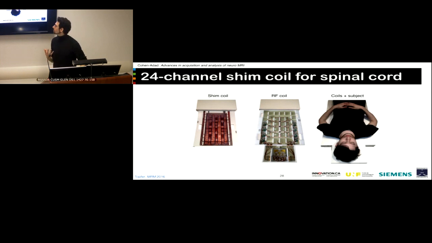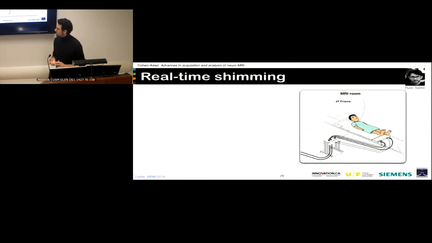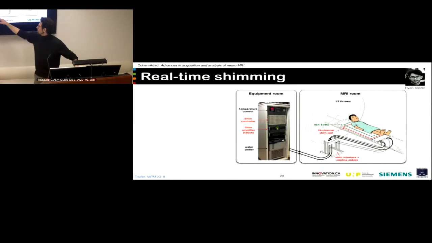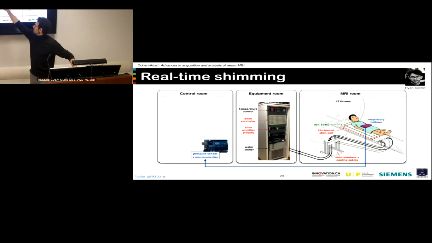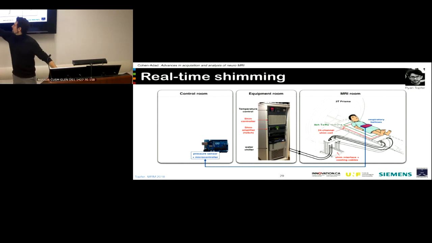So the setup that we are working on has the subject on the patient table with the 24-channel shim-only coil and the 8-channel transmit-receive coil. Those shim coils are connected to an amplifier that sits in the equipment room, and those amplifiers are driven by boards that are controlled via a serial system, and this connection goes to the control room.